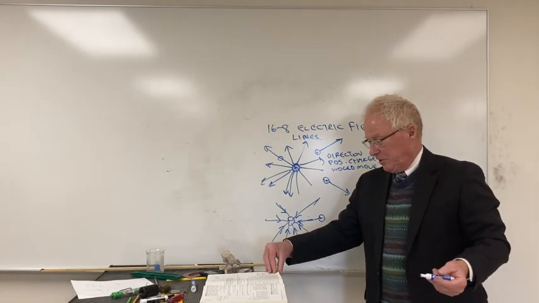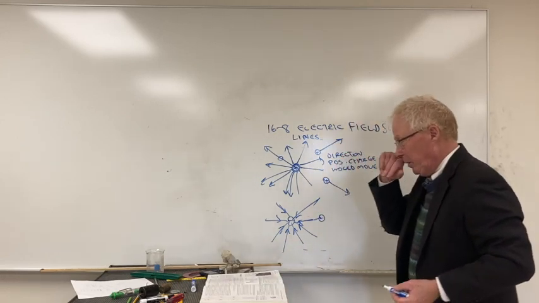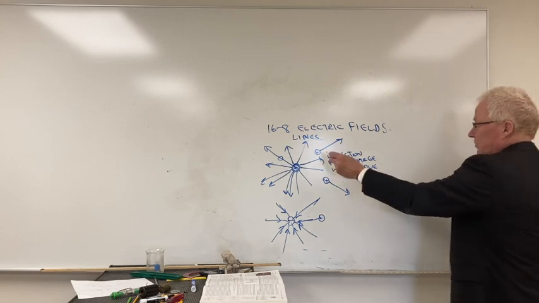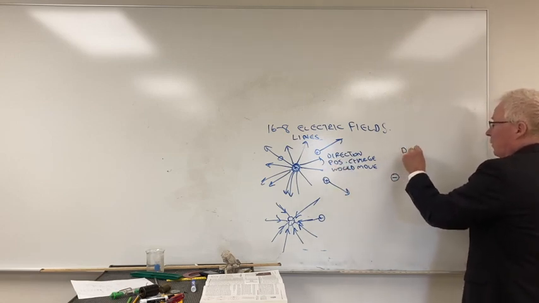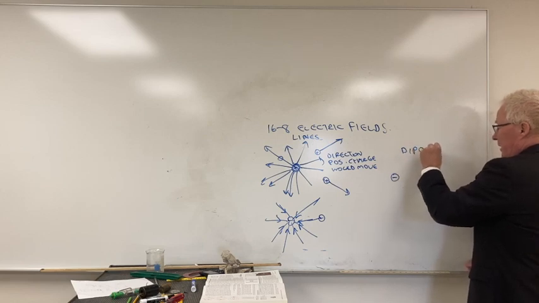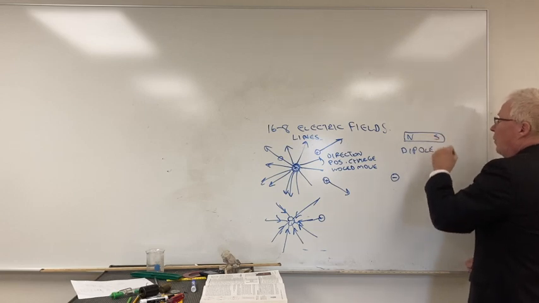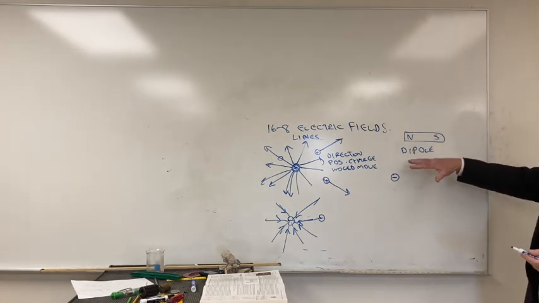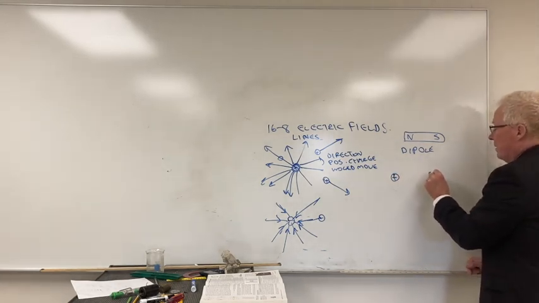Well, it seems pretty simple for a single charge, but what if you have something a little more complicated? So let's say we have a dipole. A dipole, like a magnet, we'll get into magnets, a north and south pole. A dipole has a plus charge and a minus charge.